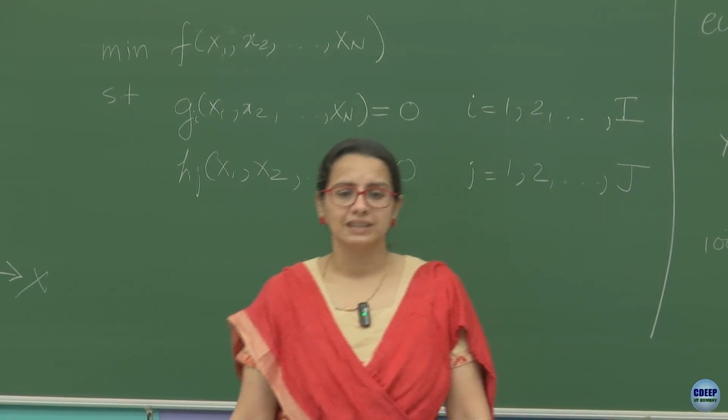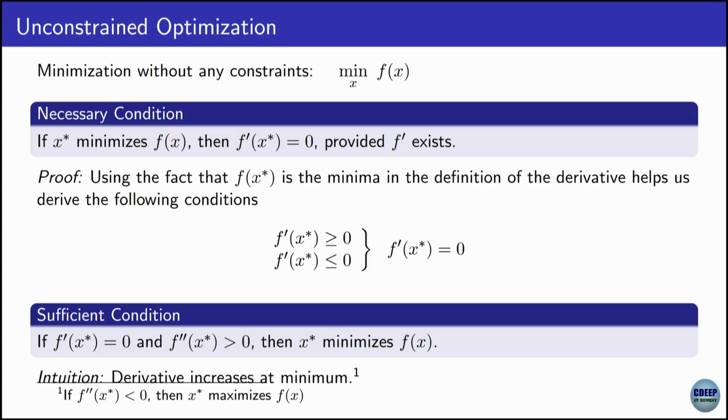The sufficient condition, the clinching deal, is you know whether your gradient is 0, and then you check your double derivative. If your double derivative is positive, more than 0, then you know that you have arrived at a minimum. If you were looking for a maxima, you have to look at double derivative less than 0. Make sense? Everybody, so far so good?